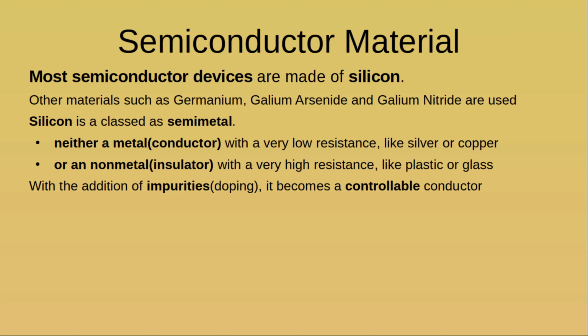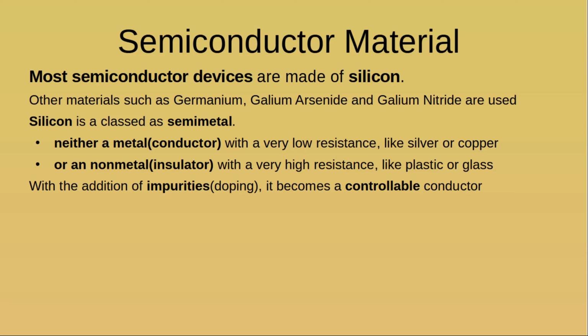They discovered that if they add impurities called doping to the silicon, they can make it a controllable conductor. Dope it one way, you can make it have positive ions or holes.